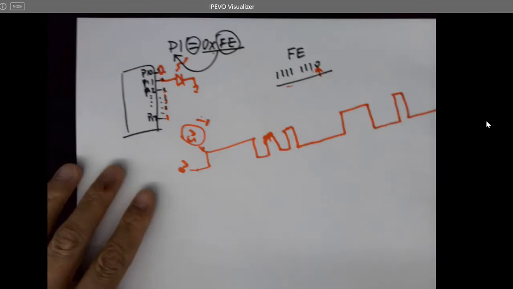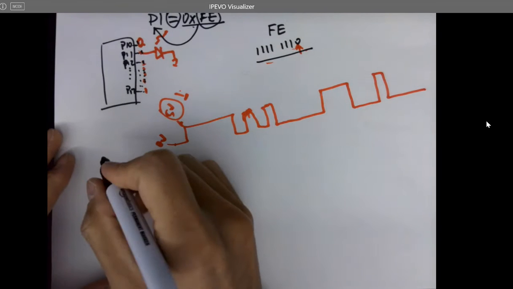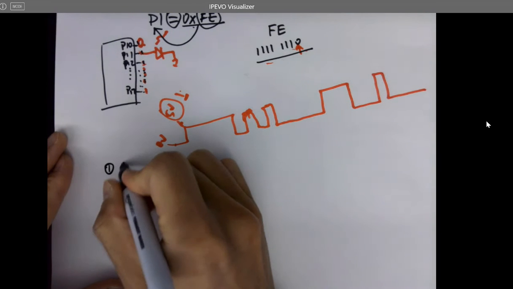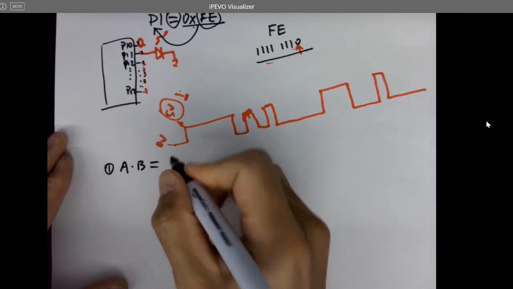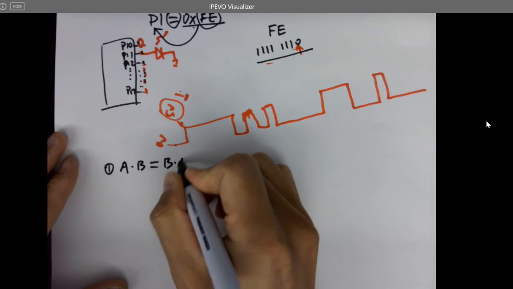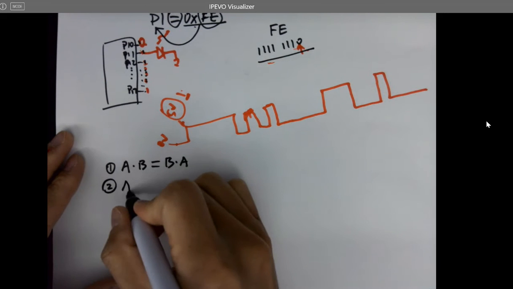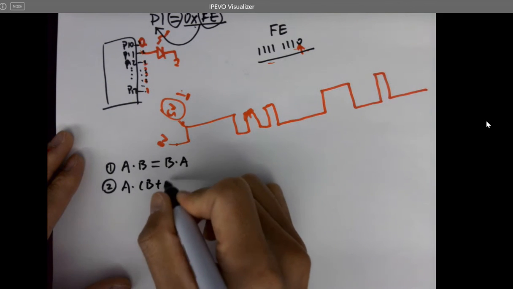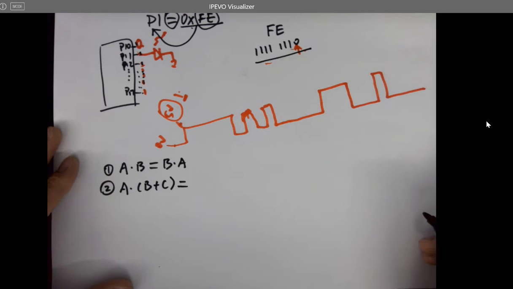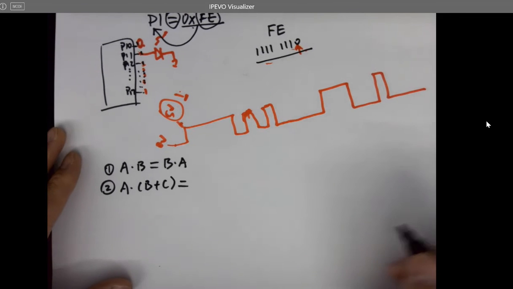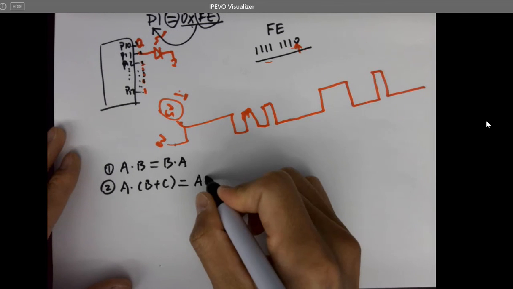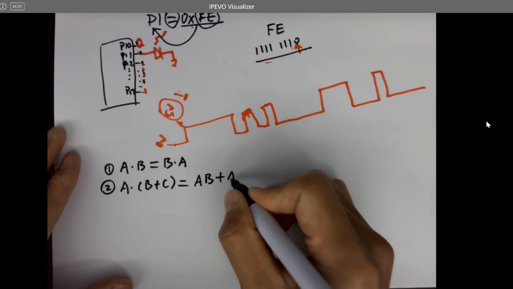All right. One more example. A and B is the same as B and A. A and (B or C) is (A and B) or (A and C).